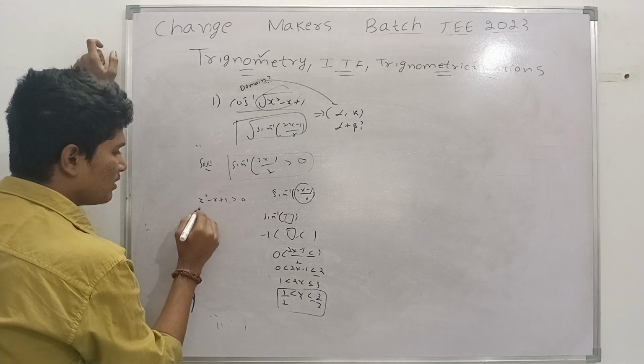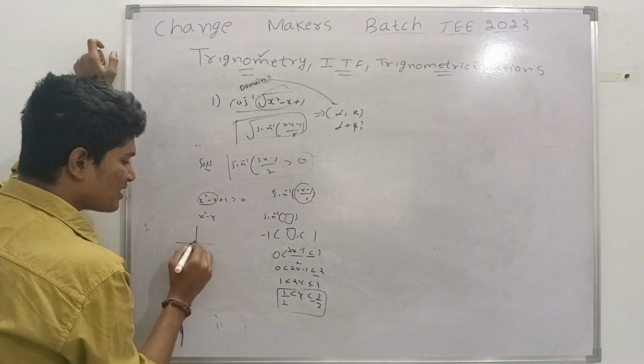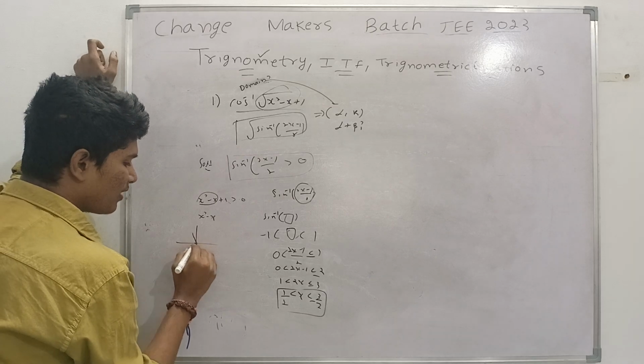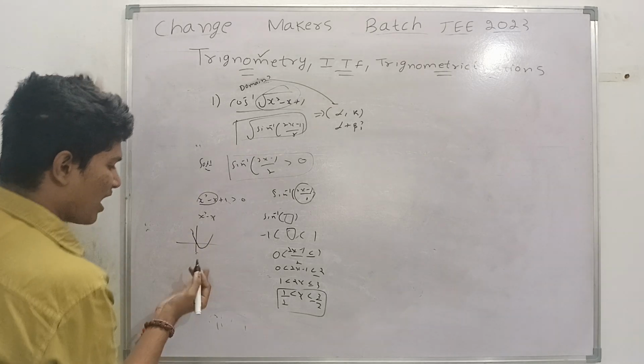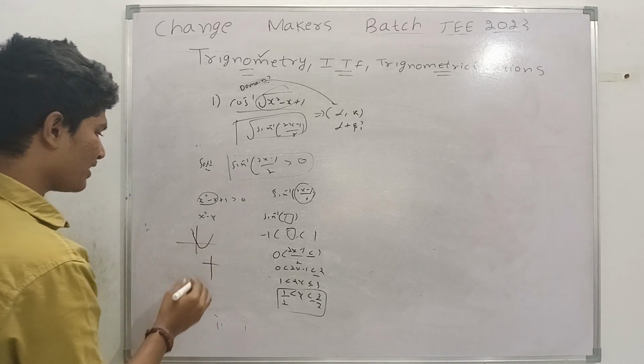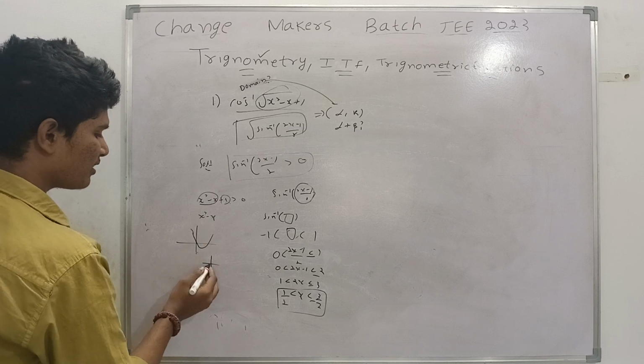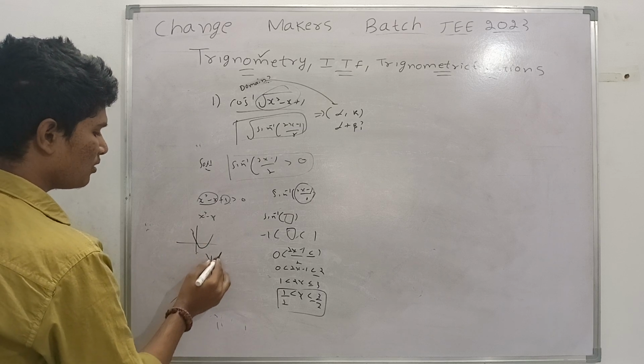Suppose we take x square minus x, what are the roots of this equation? 0 comma 1, no? And when we shift slightly, plus 1 you have to add.